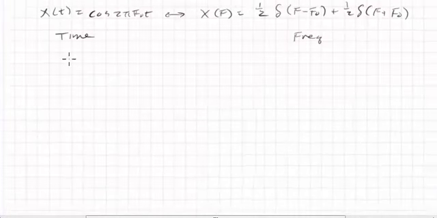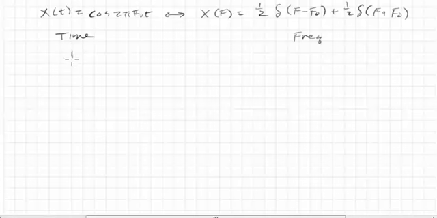So let me draw the sinusoid. This is going to be x(t), and it's just an everlasting, never-ending sinusoid. I won't try to be real careful about drawing it. Everybody knows what a cosine wave looks like.